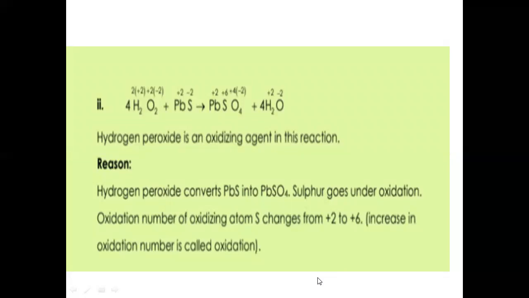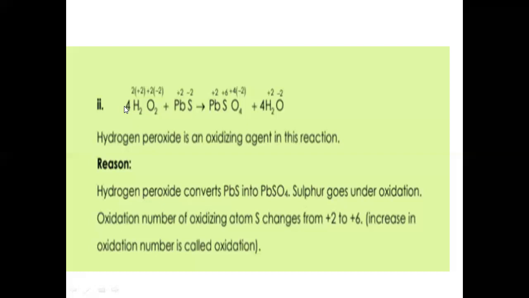In the second case, one oxygen is -2, so four oxygens are -8 and hydrogen is plus 1, and we have to balance 4, so we have to write here 4 hydrogen peroxide. Like this, it must be 2 hydrogen peroxide, so 2 times 2 are 4 hydrogen atoms.